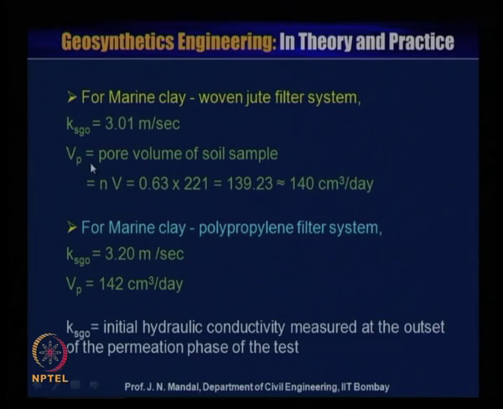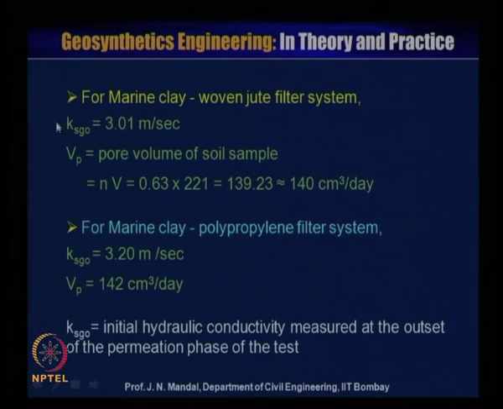So V_p will be equal to 0.63 into 221, that means 139.23, approximately 140 centimeter cube. Similarly, you can calculate for the marine clay and polypropylene filter system, where K_S0 is 3.20 meter per second and V_p is 142 centimeter cube.